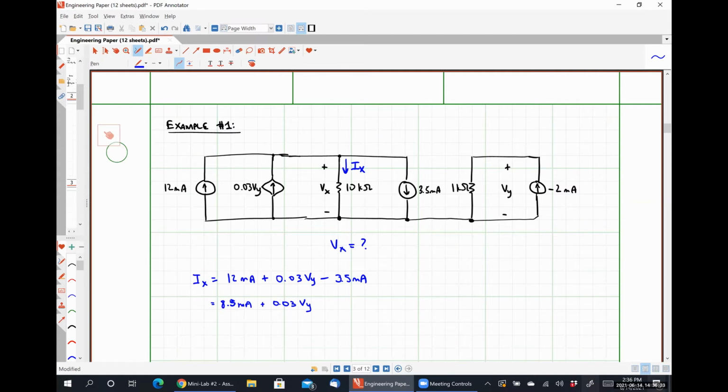So now that we have a better understanding of what Ix is and how to solve for it, we need to figure out how to determine Vy. Any thoughts? You apply KVL.